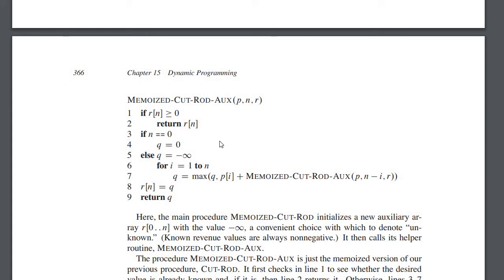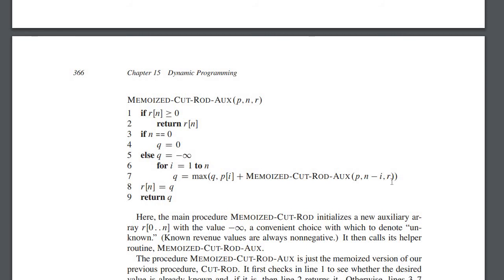Q is the variable which gives us the maximum of the price, else q should be equal to minus infinity. If n is a number other than 0, we initialize q with minus infinity, and the same for loop which we have been using in the previous function, it is the same as the previous one, where we get the maximum of q versus p of i plus the function calling itself, that is the recursive technique, memoized cut rod, where p comma n minus i comma r.